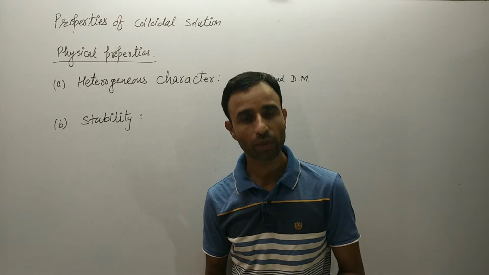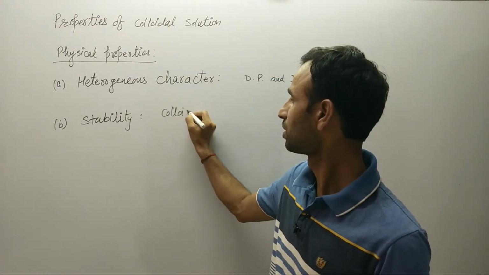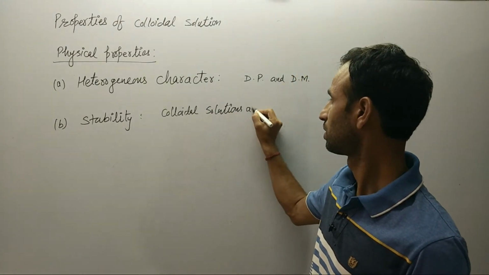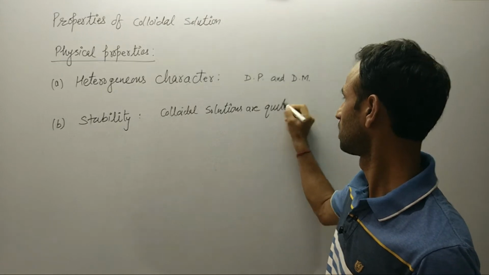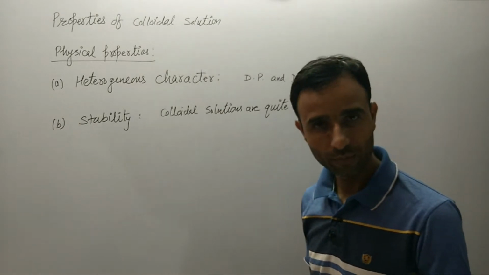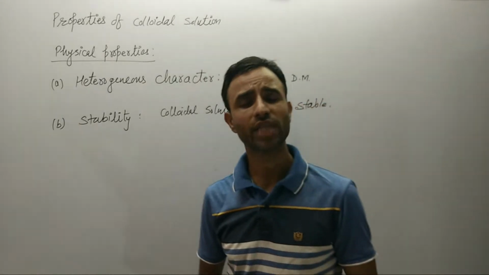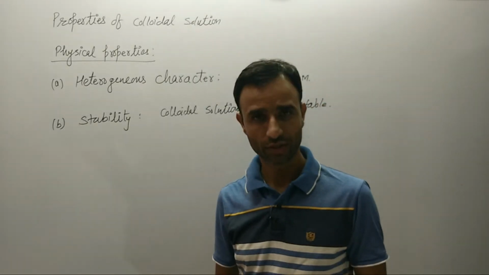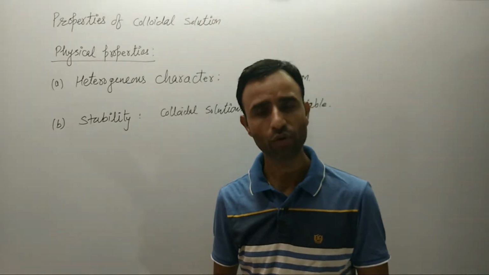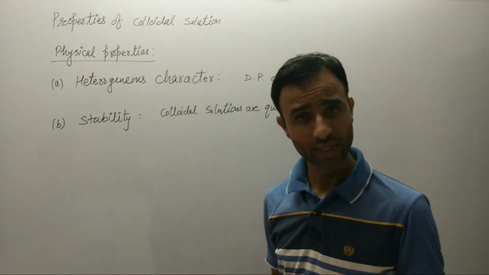So keep in mind, colloidal solutions are quite stable and they settle down very slowly. Though they do settle down, but very slowly. Okay, that's why they are quite stable.